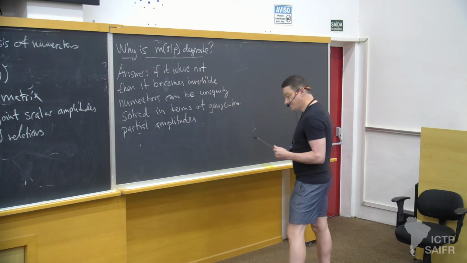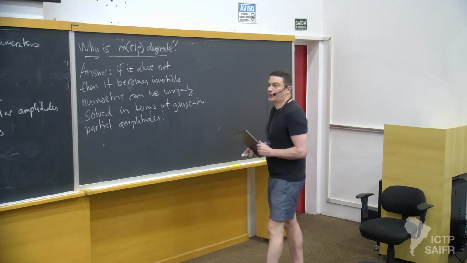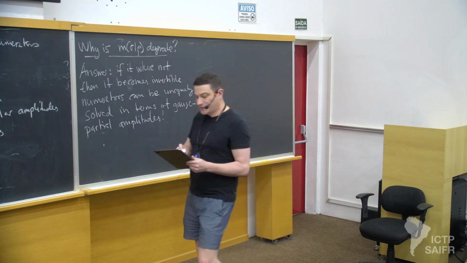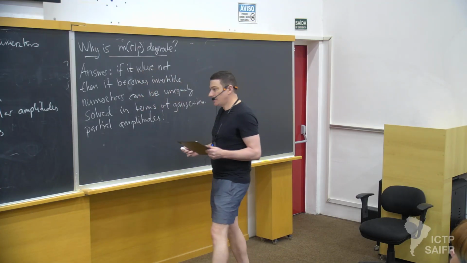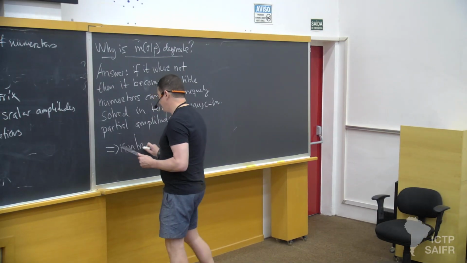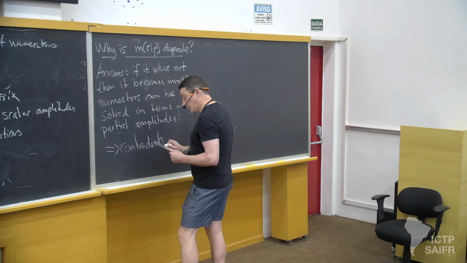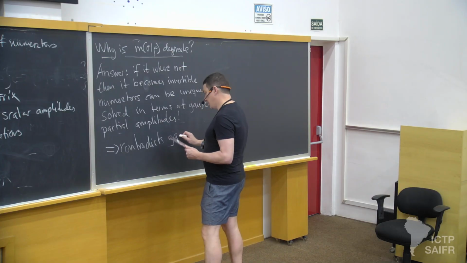And that's bad because that contradicts some basic facts that we know about Feynman diagrams. We know that Feynman diagrams are not gauge invariant. So this contradicts gauge symmetry principles.